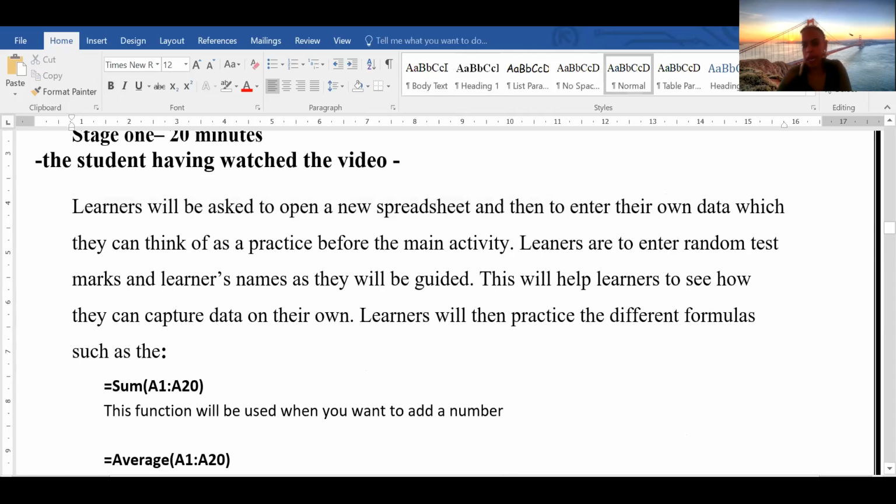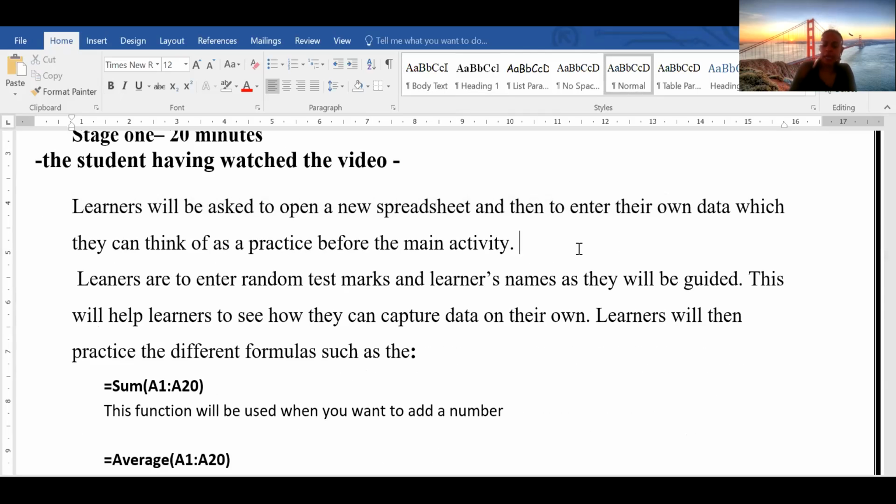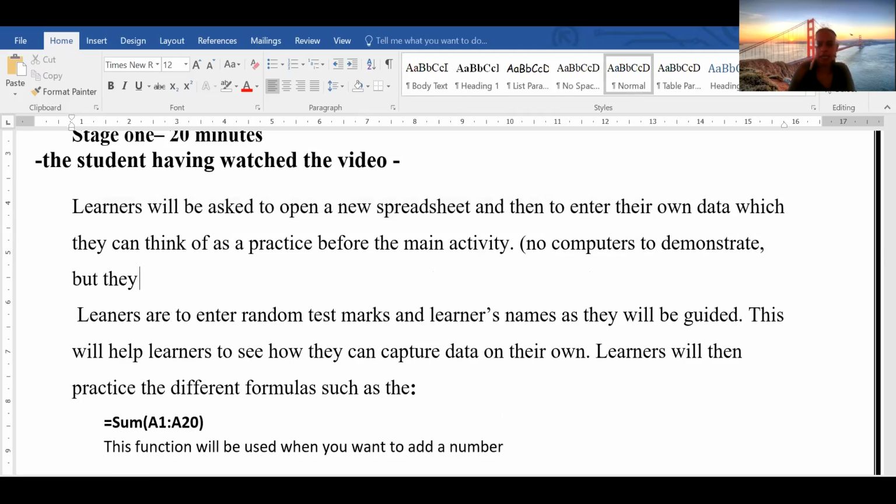So it will depend on you. If the students have no computers, now you are the one to demonstrate. But if they have computers, you engage them in the process of doing.